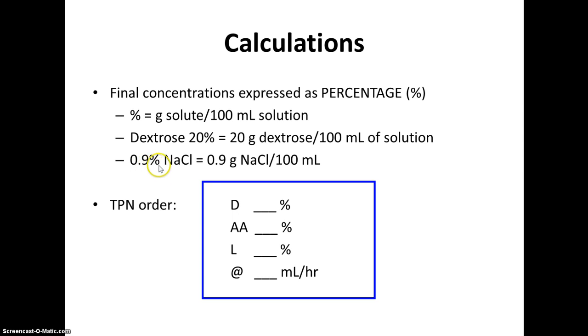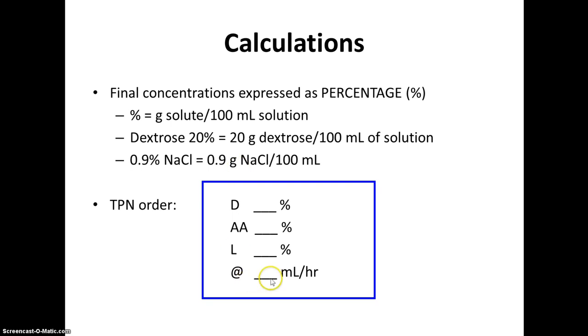If it's 0.9% sodium chloride, you know there's 0.9 grams of sodium chloride for every 100 mils of that solution. The patient may be getting up to 3,000 mils of sodium chloride solution per day, but you can then calculate how many total grams of sodium chloride or dextrose the patient is receiving.